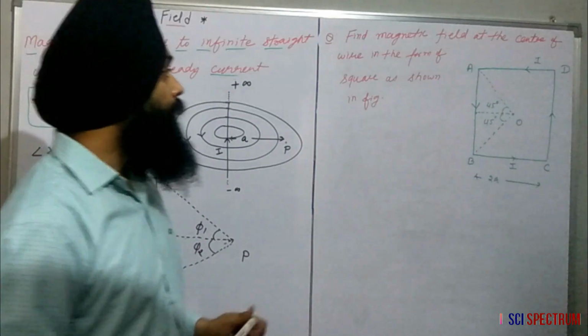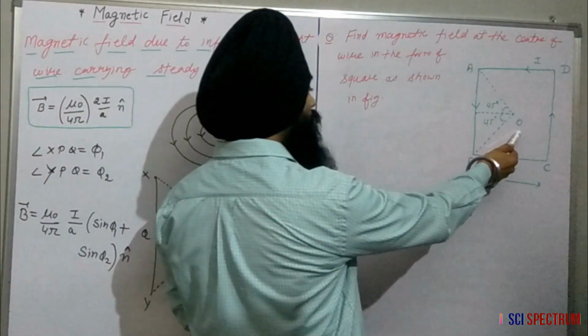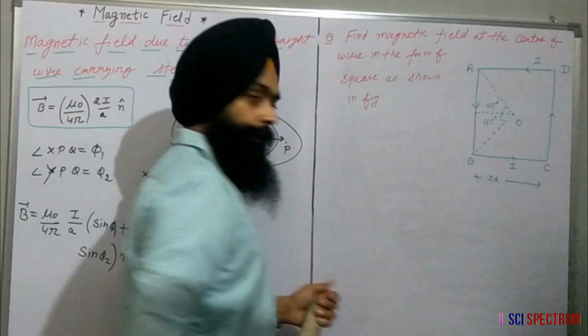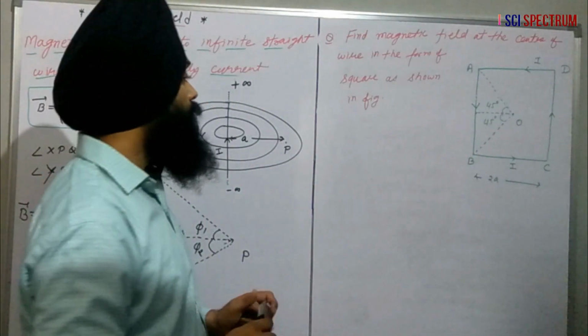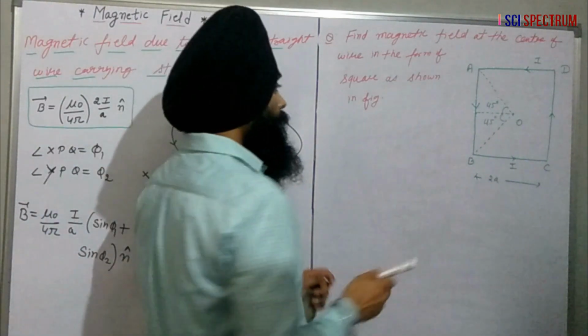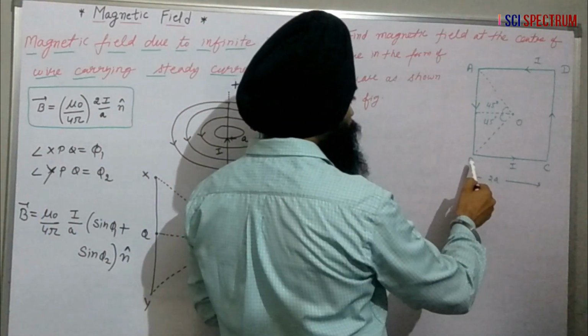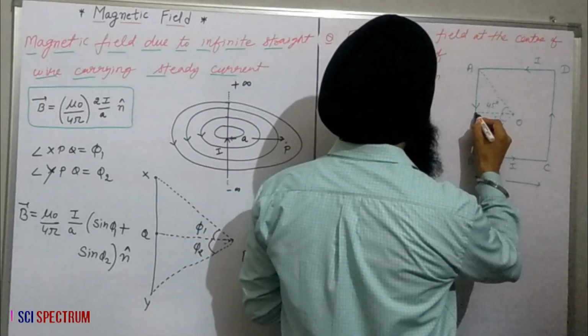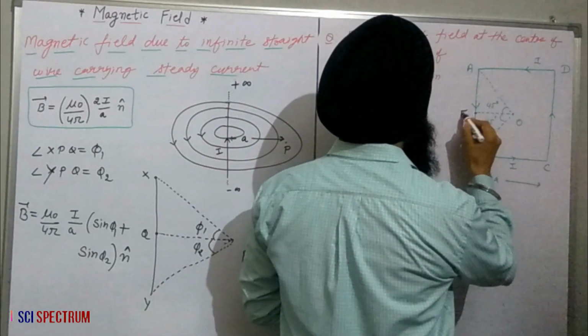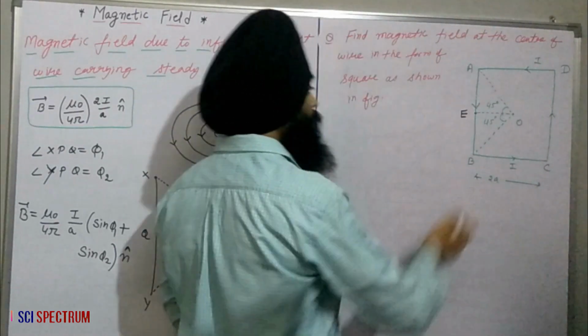So if we find the magnetic field at point O due to one conductor and multiply by 4, we can get the value of the magnetic field. Let us suppose this conductor AB has point E at the center of the conductor.